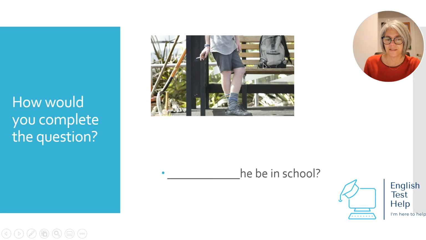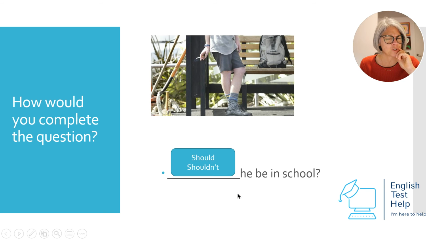Oh my goodness, here is a young man in school shoes smoking. What are you thinking? Should he be in school or shouldn't he be in school? Depends on the situation and the speaker's mind.